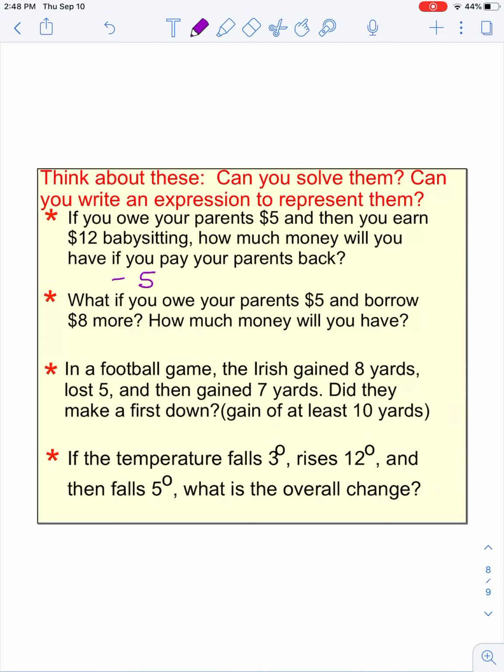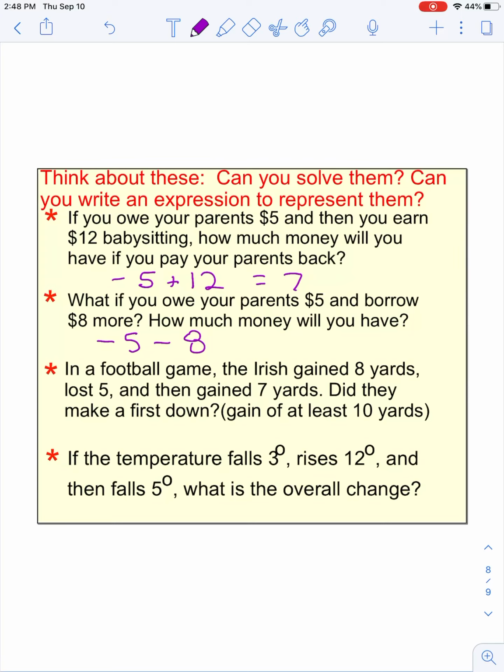So as you're coming back, you owe your parents $5, so that's -5. And then you earn $12 babysitting. How much money will you have when you pay your parents back? You will have $7. What if you owe your parents $5 and you borrow 8 more? So you owe them 5, now you owe them 8 more.